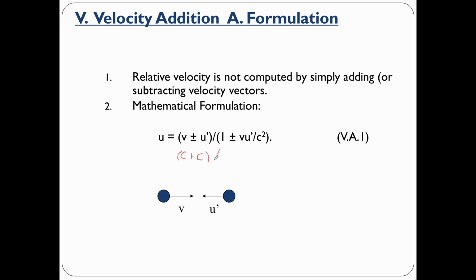We have to divide this by 1 plus c squared divided by c squared. So that would be 2c divided by 1 plus 1, well, that's 2, or c. So even when you have something that's traveling at the speed of light, and it's ramming into something else that's traveling at the speed of light, their closing speed is going to be the speed of light.